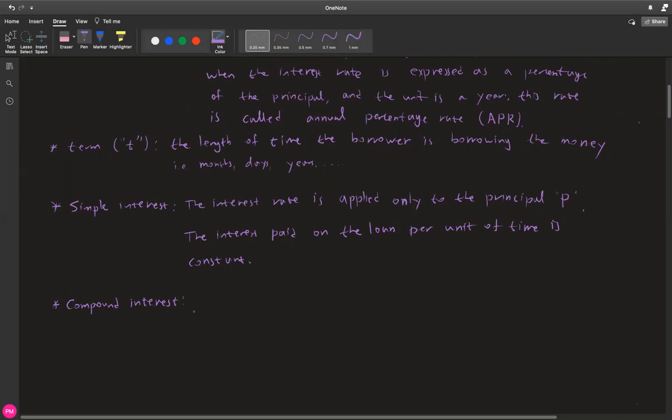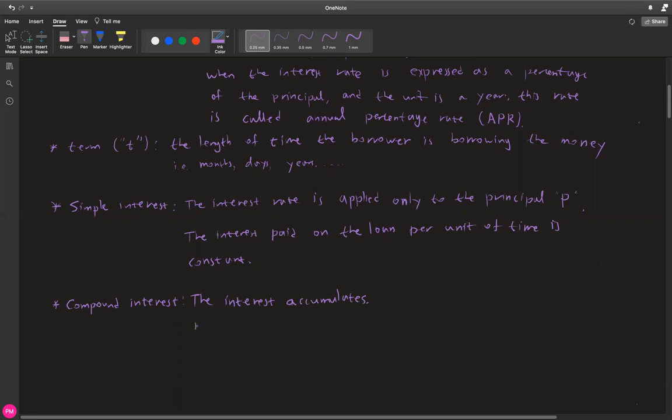But just to give you a little overview, compound interest is when the interest accumulates.